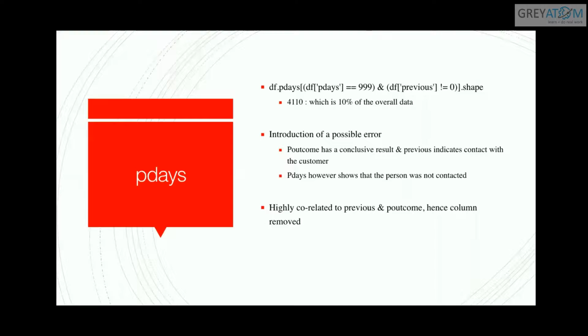If pdays is 999, ideally previous has to be 0, but we found that around 10% of the data was incorrect. So that was the EDA finding we came across.